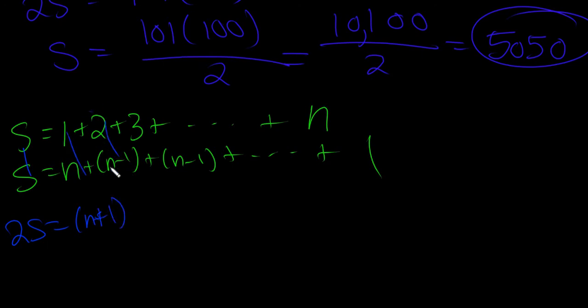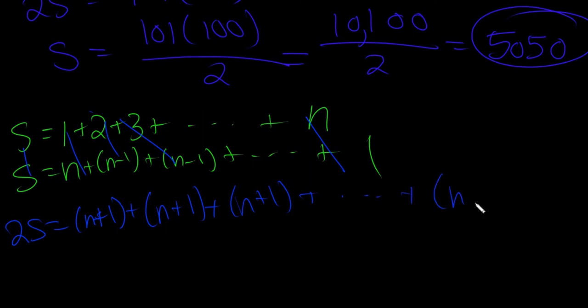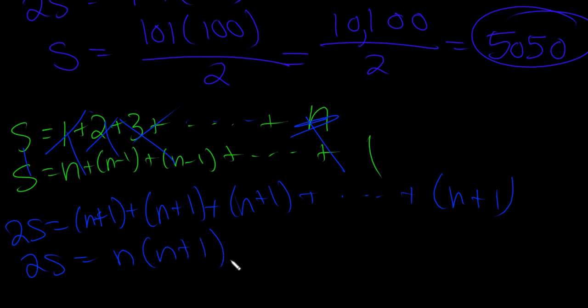This is 2 plus n minus 1, which is n plus 1. 3 plus n minus 1 is n plus 1. n plus 1 is n plus 1. So how many terms do I have? I have 1, 2, 3. I have n of them. So this is the same thing as saying 2S is equal to n times n plus 1. That will give you S is equal to n times n plus 1 over 2.